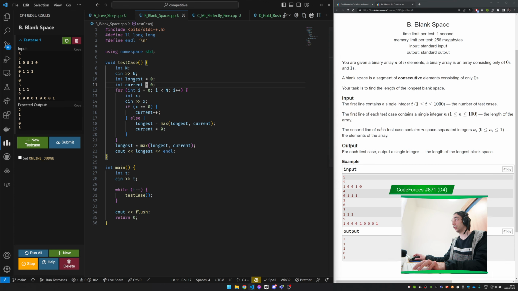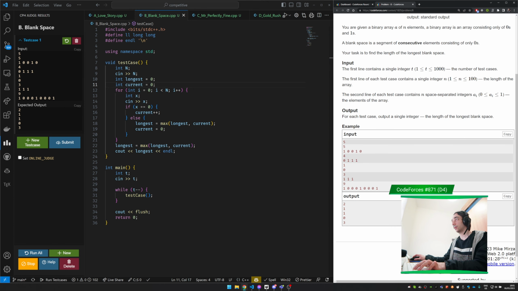is finding the longest consecutive sequence of zeros. And this is just, if it's 0, you increment the current sequence. If you find 1, then you have to reset the current sequence, of course, but then update the longest sequence.